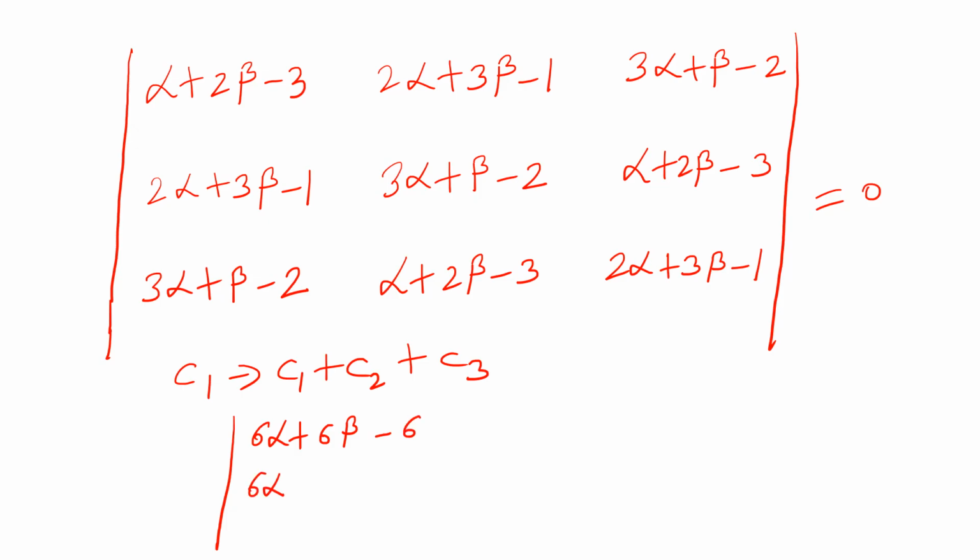Again, here also we have 6 alpha plus 6 beta minus 6, and the last element of the first column is also 6 alpha plus 6 beta minus 6. And the rest of the elements are same as before.